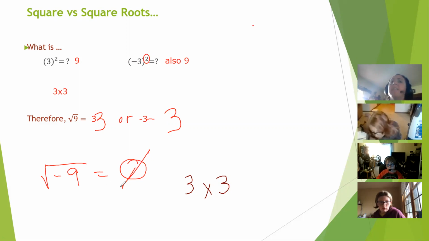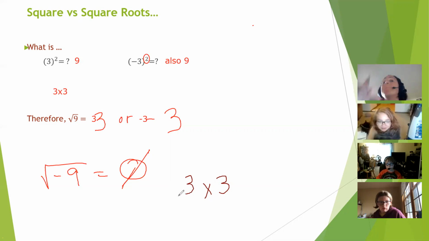Why do you guys think that? Why am I saying that's a non-real answer? So you can take the square root of 9 and get 3 or -3, but you can't do the square root of -9. Because 9 can't equal 3.